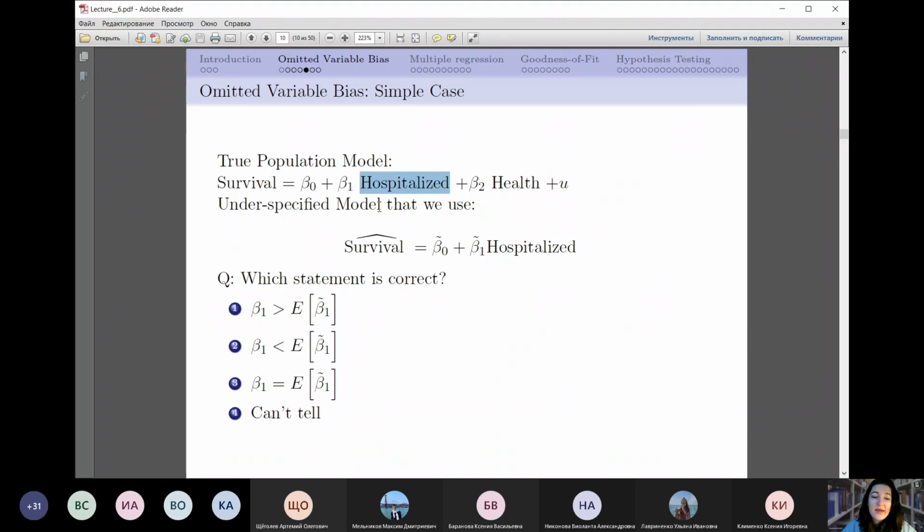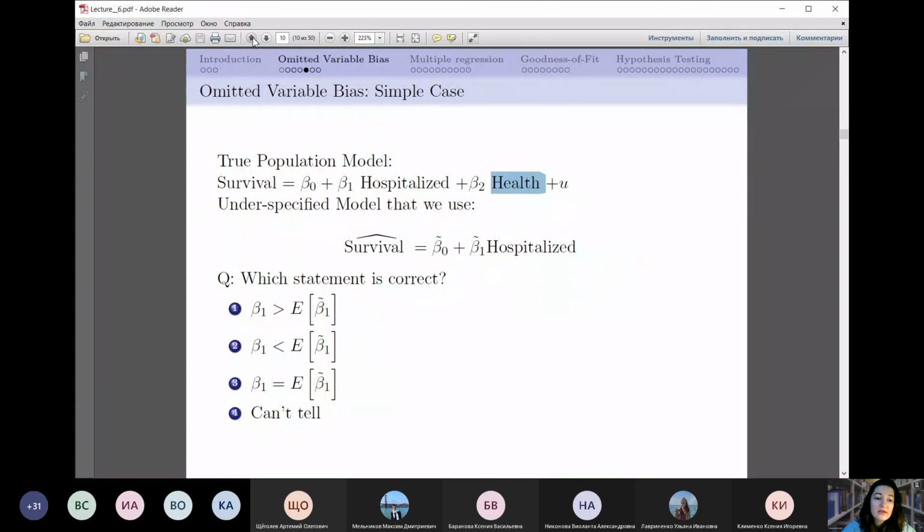And the second thing is that you need to assume some effect of this omitted variable on your dependent variable. So the effect of health on your dependent variable, survival cases. Here, I can say that if the respondent has better health, the value of this variable will be higher.